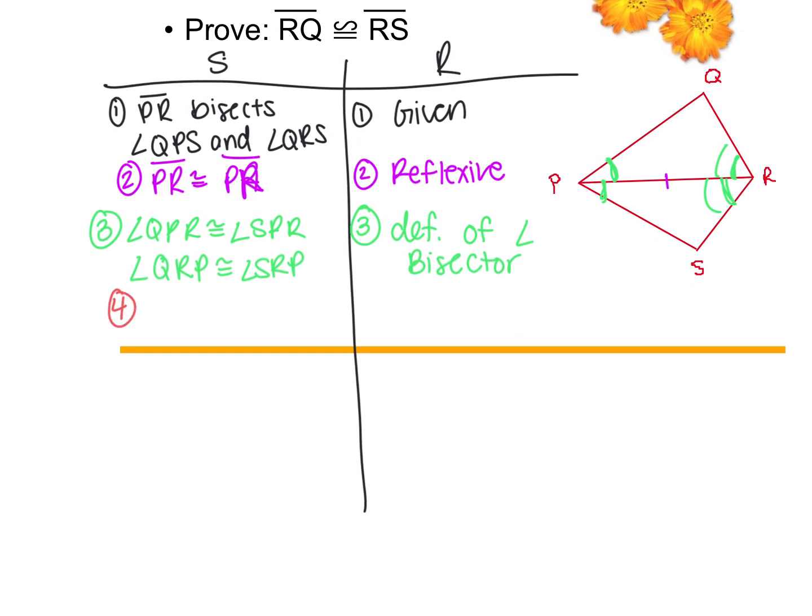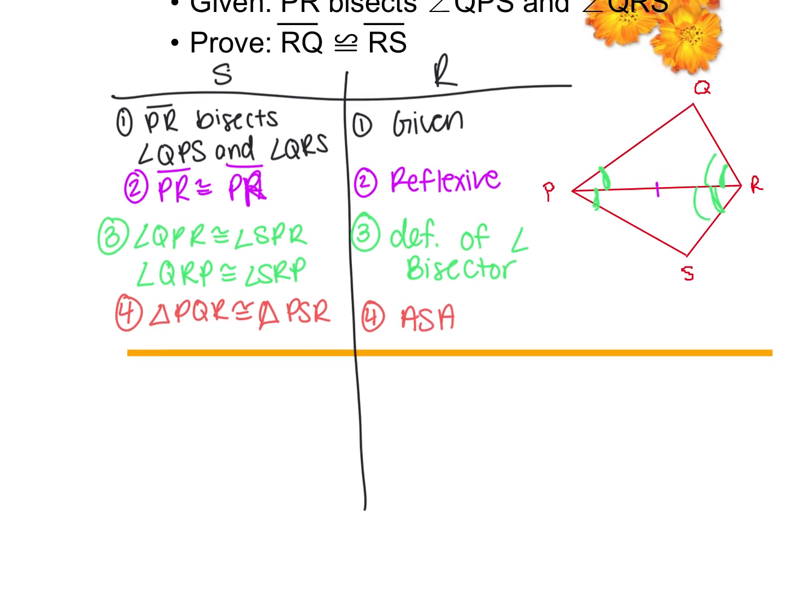Now I'm going to go to 4. Triangle PQR is congruent to triangle PSR by what? How do I know they're congruent? Which congruency statement am I using? Good. Angle, side, angle, but I'm not done.